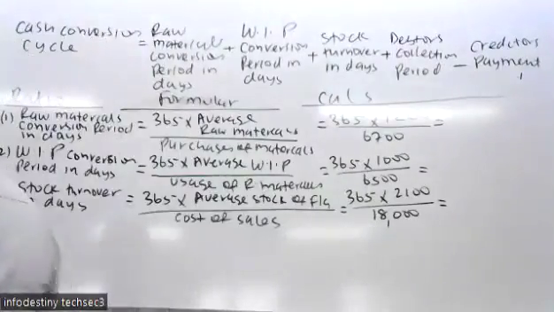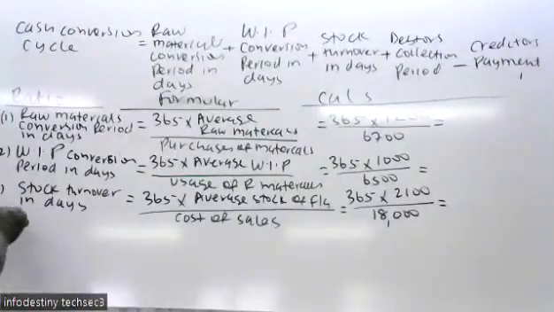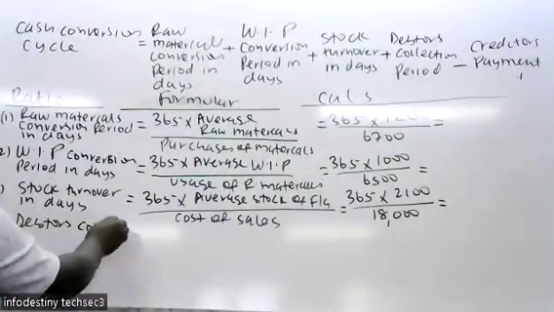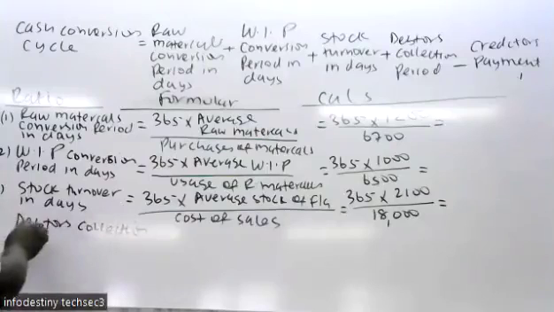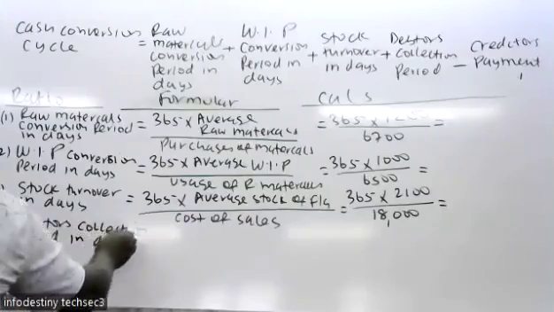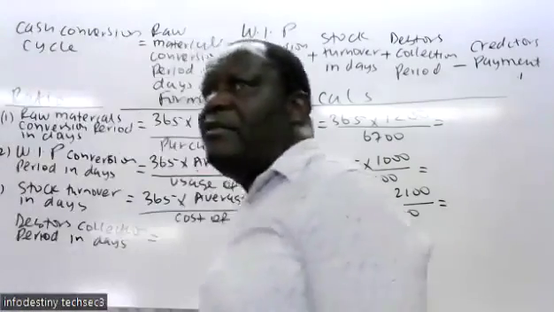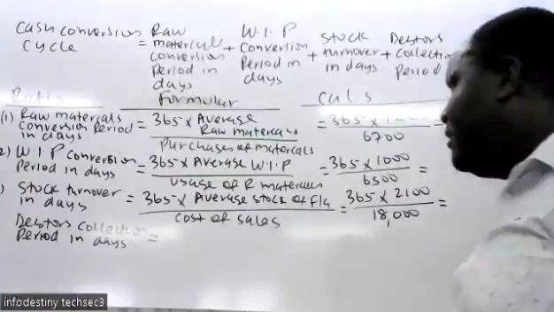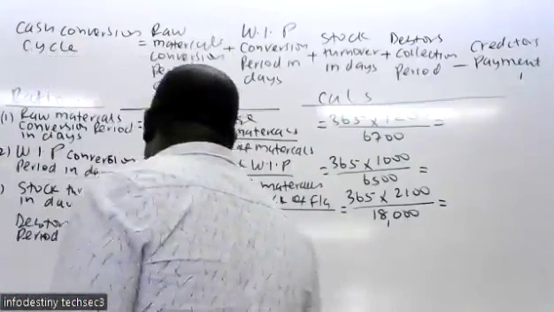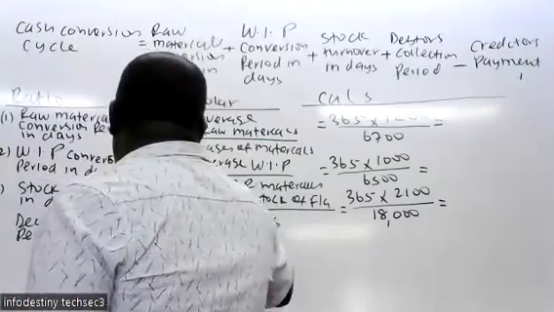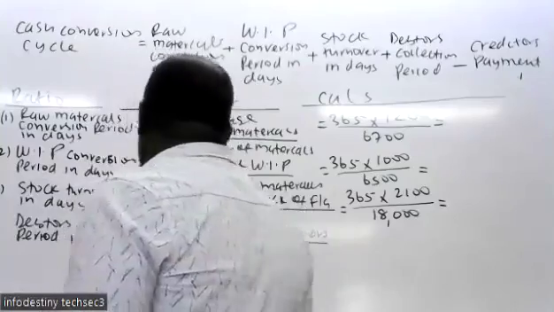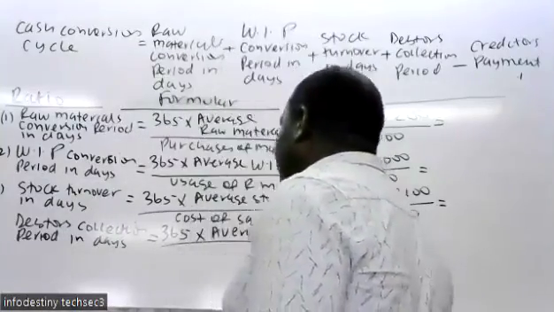Number 4 will be the debtors collection period. This one is also 365 multiplied by the average debtors, then you divide by the credit sales.